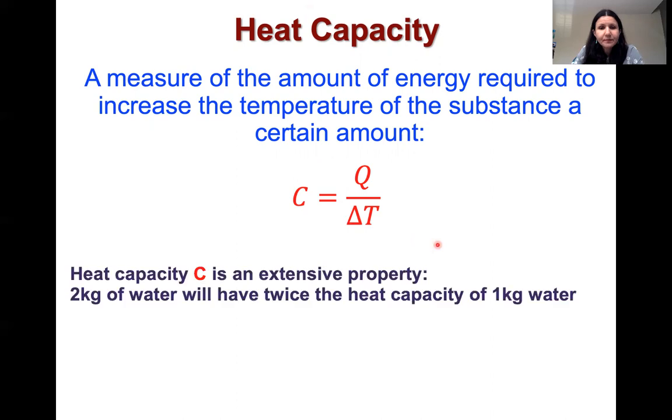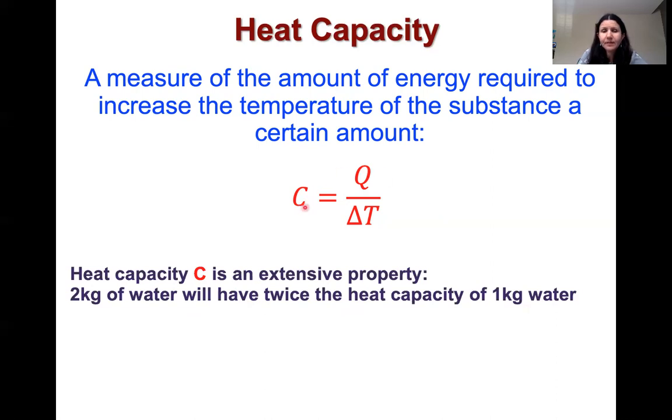Okay. Now, heat capacity is what is known as an extensive property, because extensive just means it depends on the amount you have. So if we have 2 kilograms of water, it will have twice the heat capacity of 1 kilogram of water.